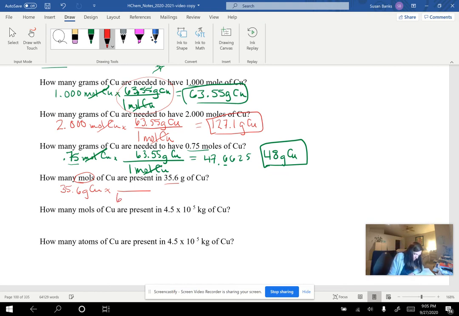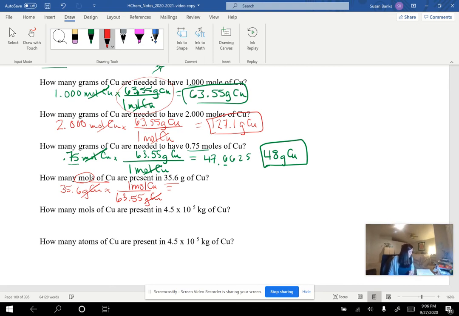So 63.55 grams of copper will give me 1 mole of copper. Notice my grams of copper cancel, and I have moles of copper, which is what I want. Now we're going to take 35.6 and divide it by 63.55.